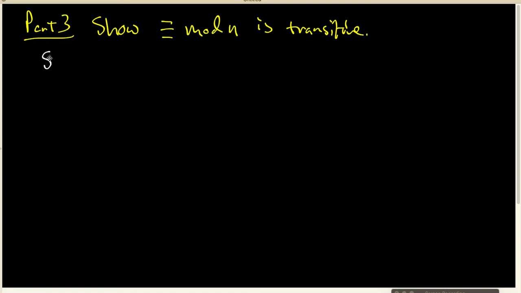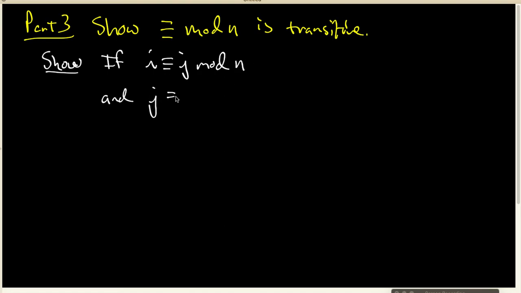What this means is that we need to show the following is true. If I is congruent to J mod n, and J is congruent to K mod n, then we need to be able to show that I is congruent to K mod n.